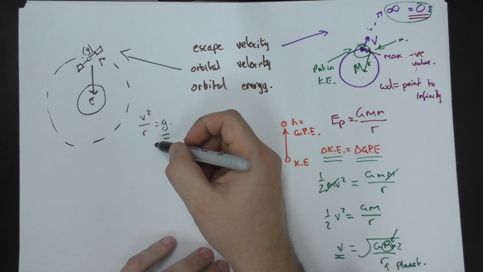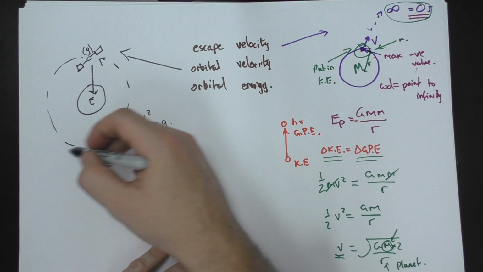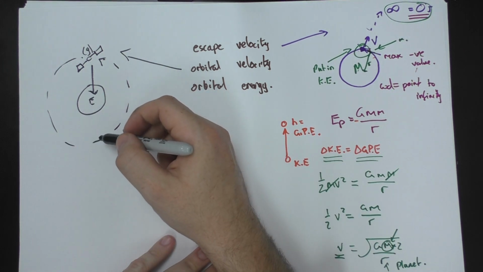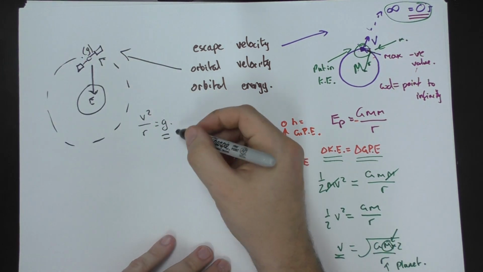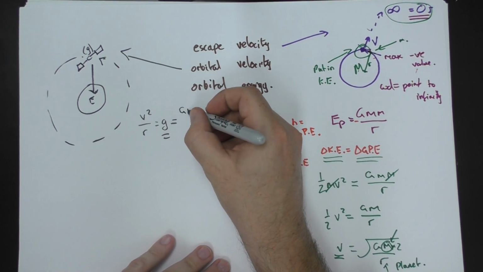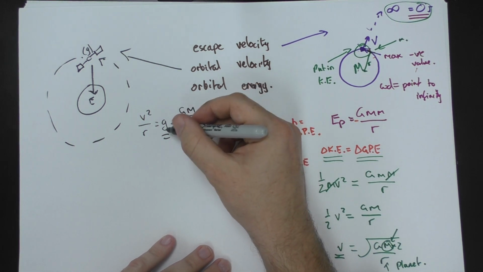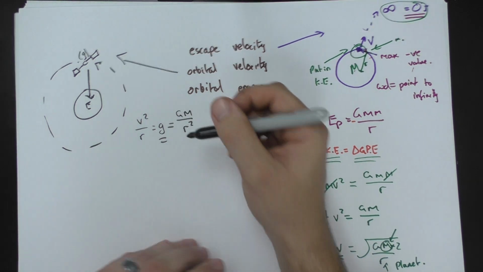Well, as we are aware, that's a way of working out v. But in terms of what's going on in a field situation, we also know this to be equal to GM over r squared, because this is the equation for field strength in a radial gravitational field.